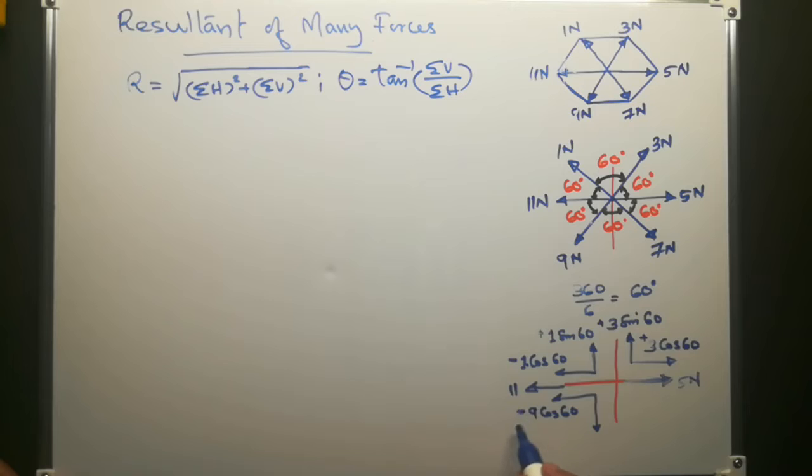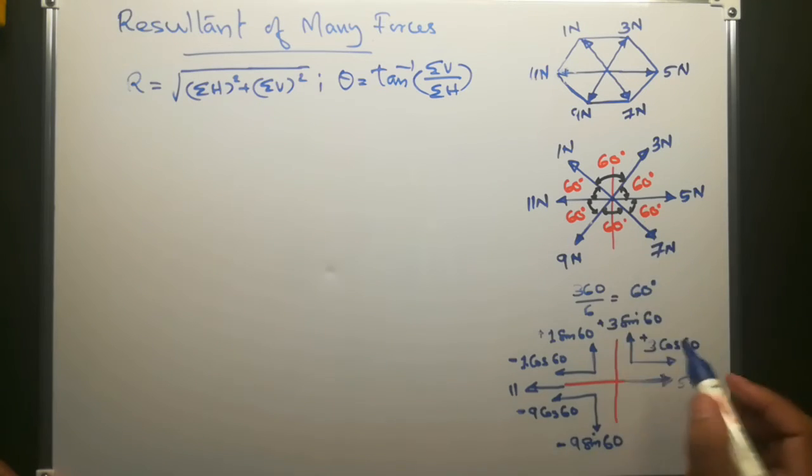And this will be minus 9 sin 60, because it is acting in the vertically downward direction.